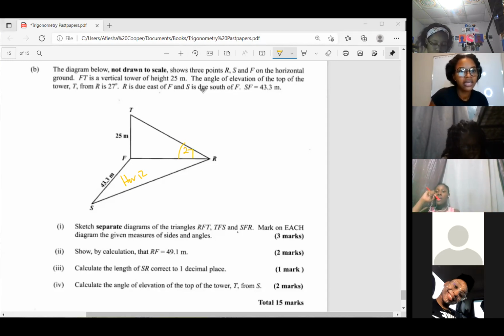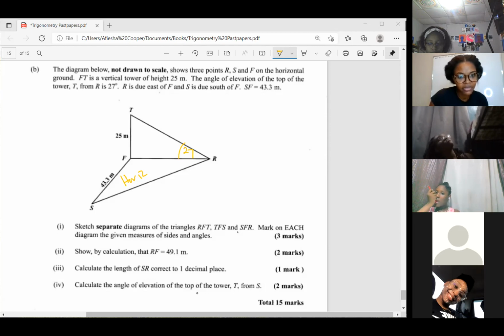R is due east of F, and S is due south of F. Okay, SF is 43.3.